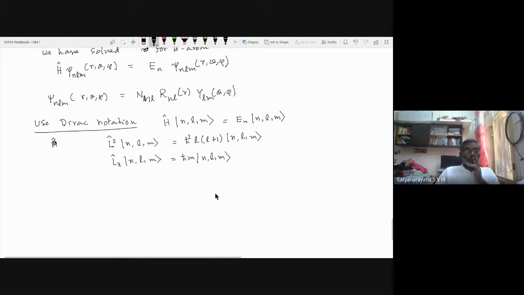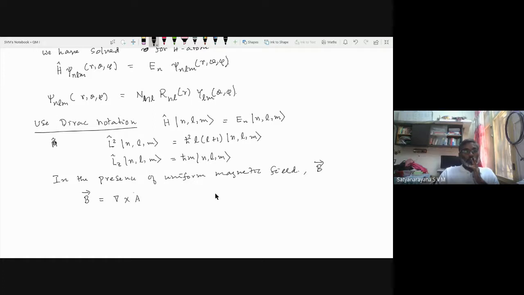Now we want to ask what happens in the presence of a uniform magnetic field, let's call it vector B. You know from electrodynamics that this B can be obtained from a vector potential.